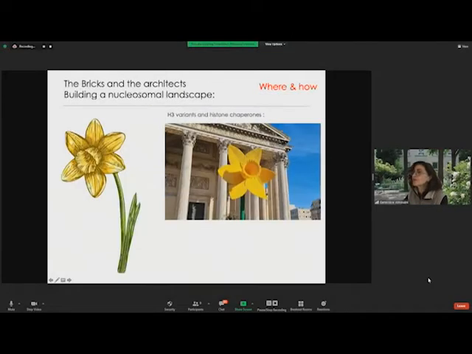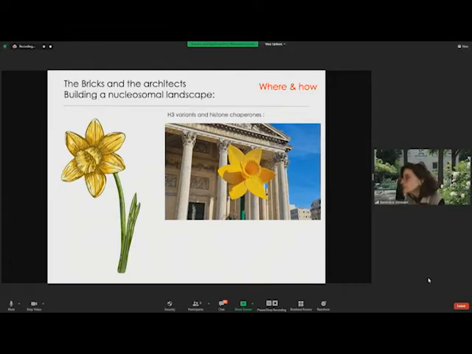So, as I alluded to, the idea of bricks and architect: how you build a nucleosomal landscape. Here you can see a daffodil made in Lego, which was made on the occasion of the Curie fundraising. It's present at the Pantheon right now.